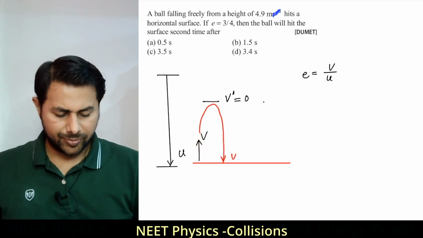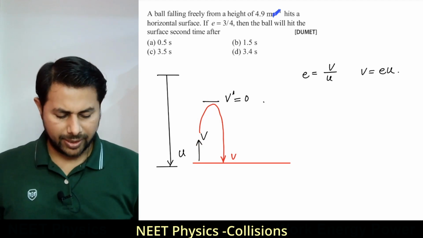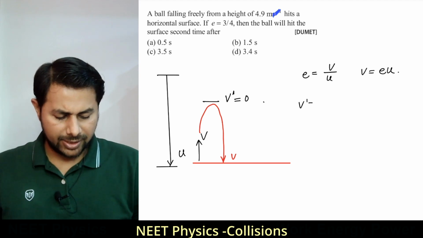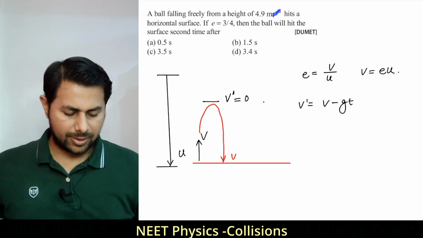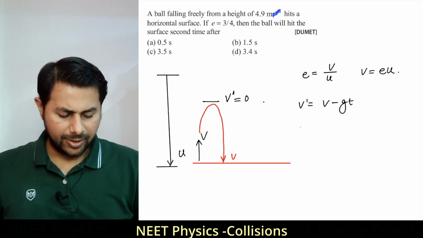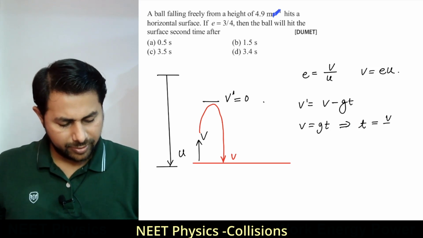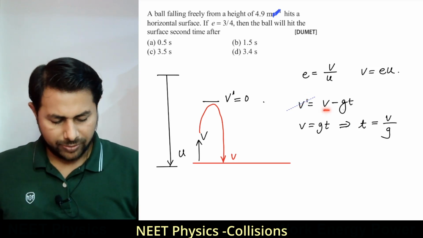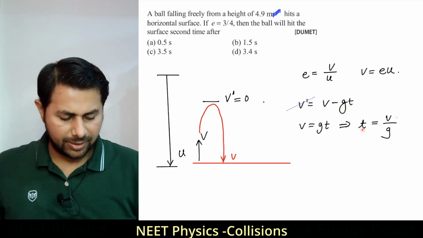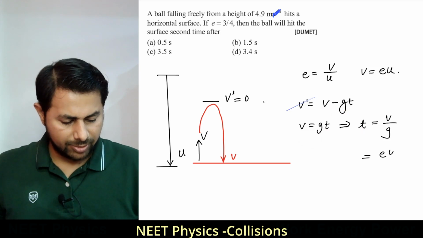So what is v? v is just equal to E times u. Okay, we got that. And then using the kinematic equation v dash is equal to v minus gt, with v dash equal to 0, v is equal to gt, and therefore t is equal to v by g, which is equal to E times u by g.